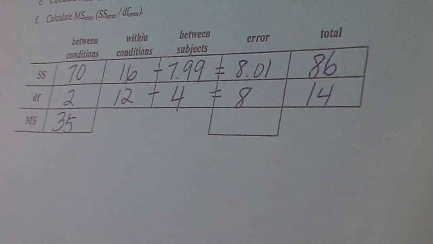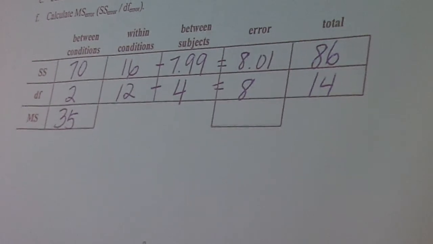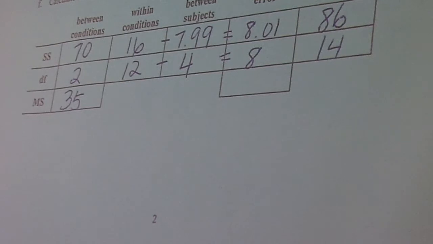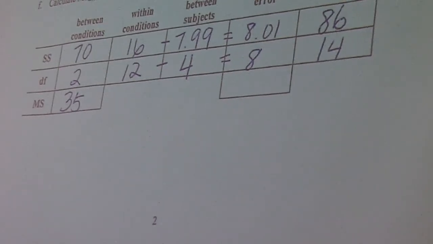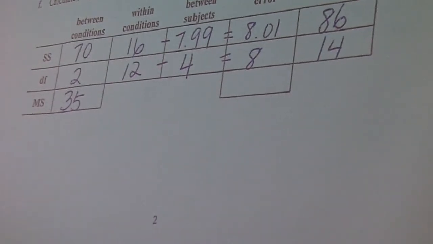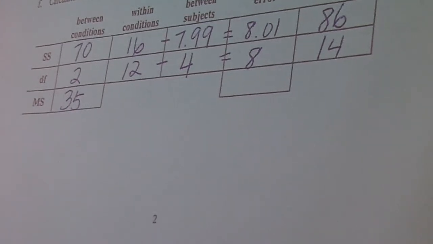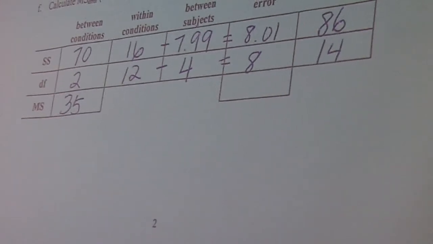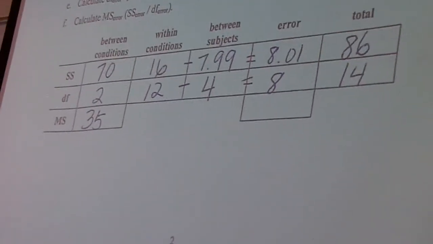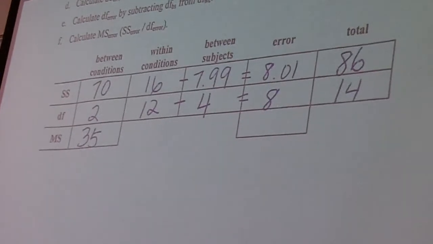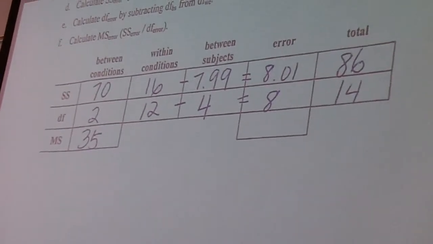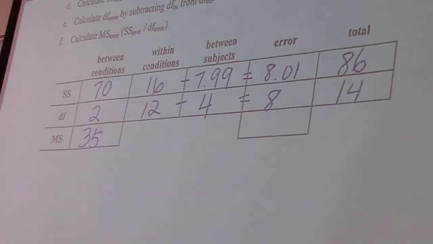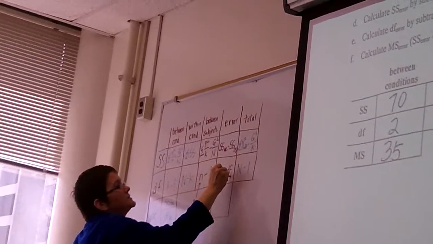So now you see on the form I've got a box here for mean square error. How do you think I calculate that? Yep, sum of squares by degrees of freedom. So this one is going to be sum of squares within conditions minus sum of squares between subjects, over degrees of freedom within conditions minus degrees of freedom between subjects.